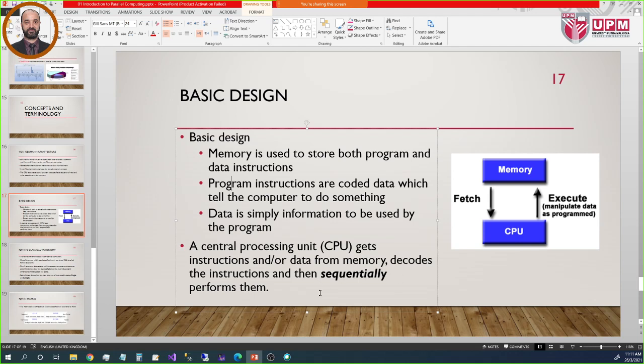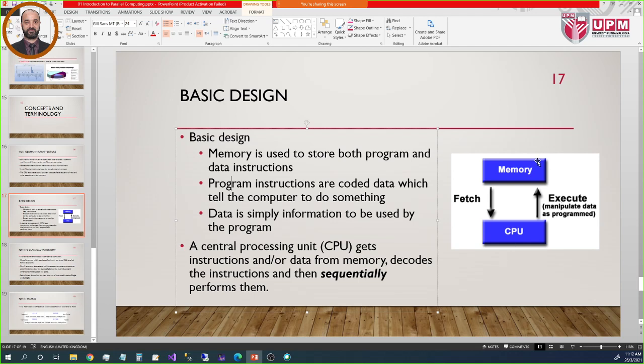So the CPU needs also to decode the instructions and then sequentially perform them, because in any single CPU in this world, only one instruction is going to be processed at a time. So at any point of time only one instruction can be processed.